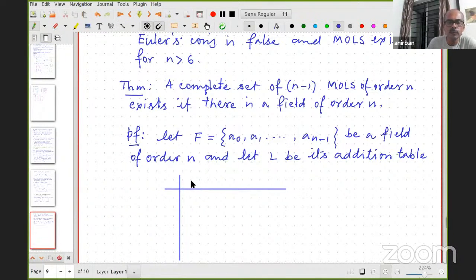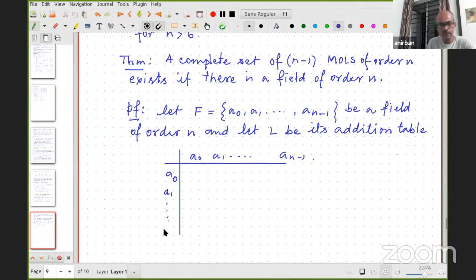So I have a0, a1 to a(n-1) along the top and the side, and I'm just writing down a table for the addition.